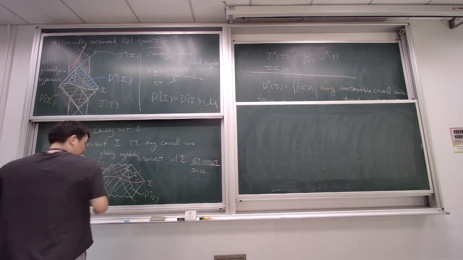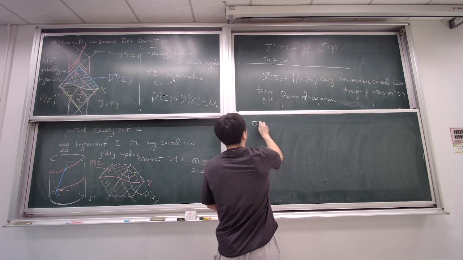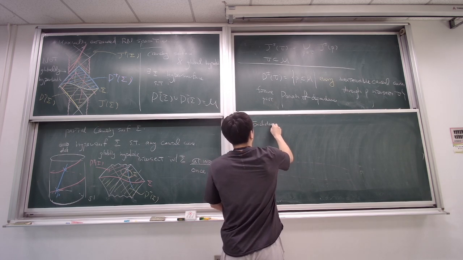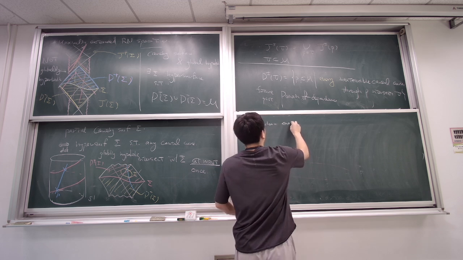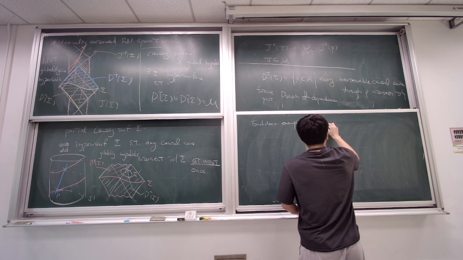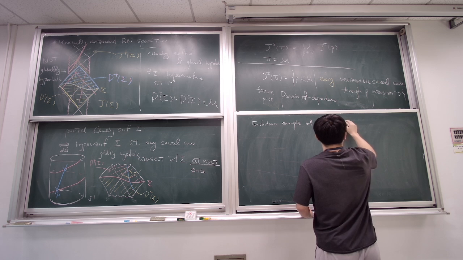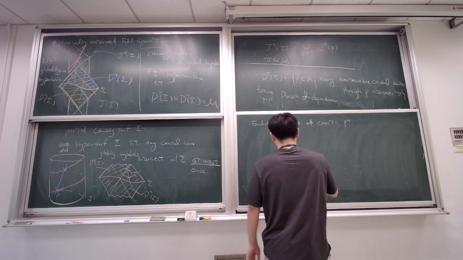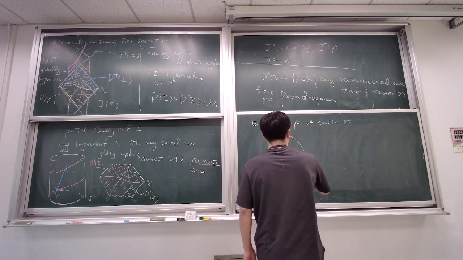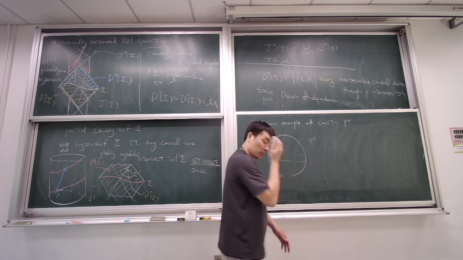Okay, and then the important thing: an example, a Euclidean example of a caustic point. Consider the sphere S2.